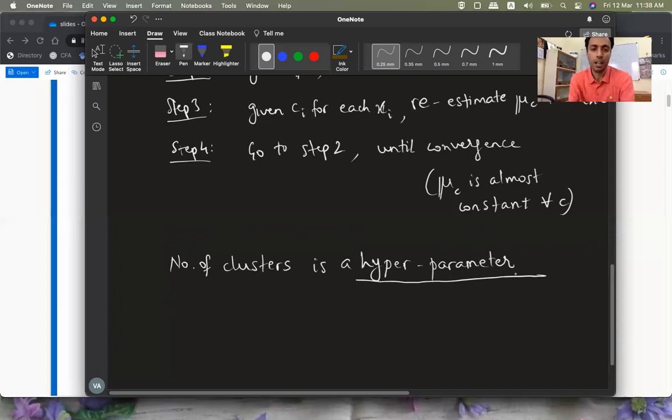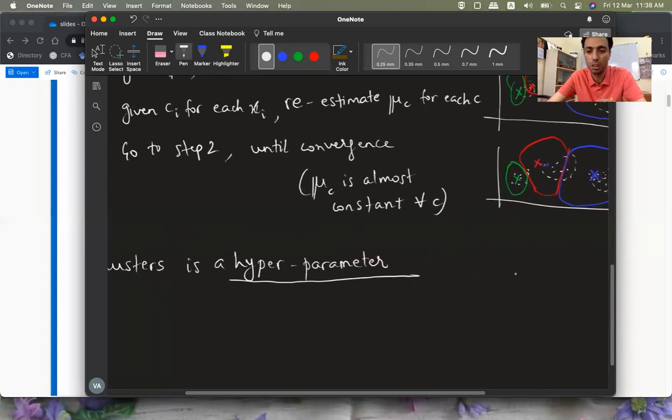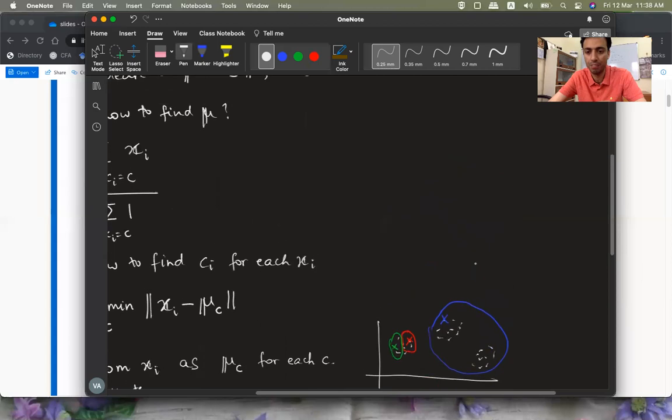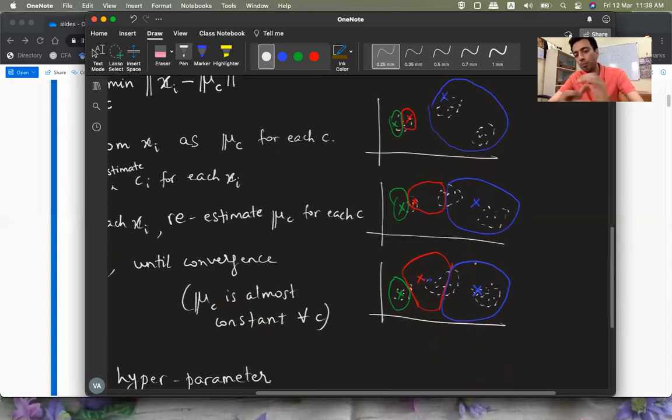It means that we are not optimizing it directly in this iterative EM algorithm, but rather we are either using some intelligence to give this number, or we can also monitor. For example, if I just use 2 clusters, then I will see the data is not very well represented.